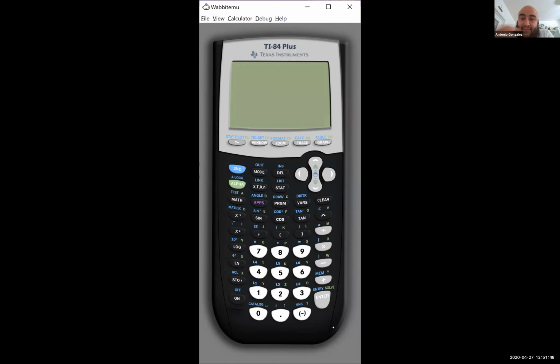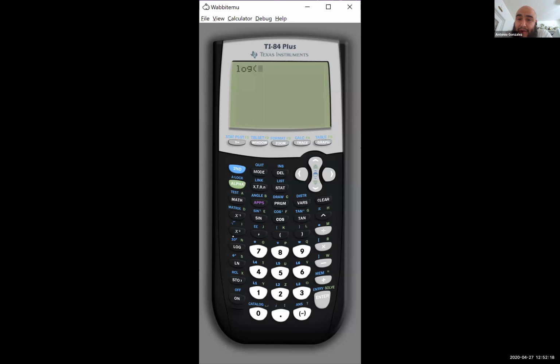If you look at the first column of buttons, starting with the second, we see that button log right there. And ln is what's referred to as the natural log. When it's written out as log, it's assumed that it's log base 10. For really any purpose, it doesn't matter which log you choose to use, as long as you use it consistently.